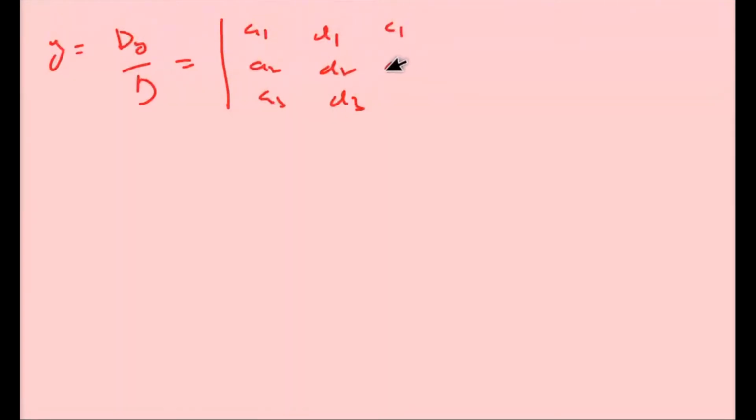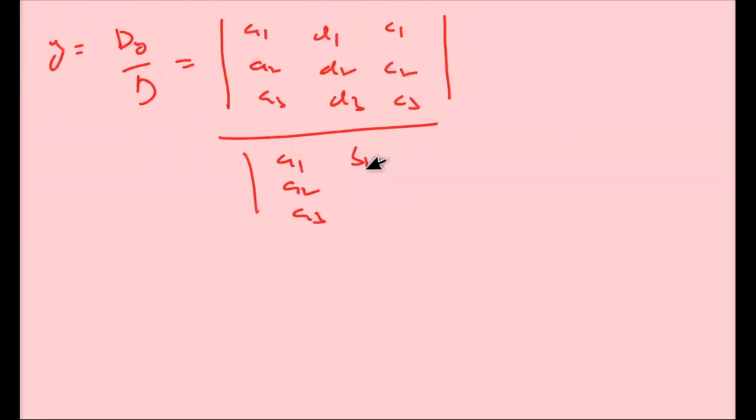So y equal to dy by d, that is equal to a1, a2, a3, d1, d2, d3, c1, c2, c3 upon a1, a2, a3, b1, b2, b3, c1, c2, c3. Similarly, we can find z, that is denoted by dz by d.